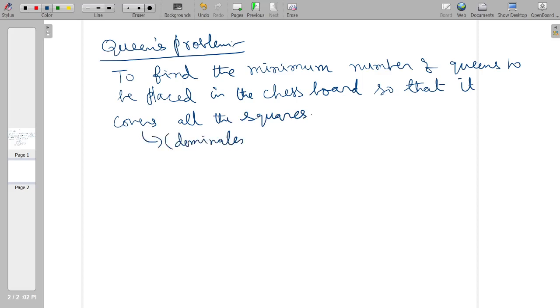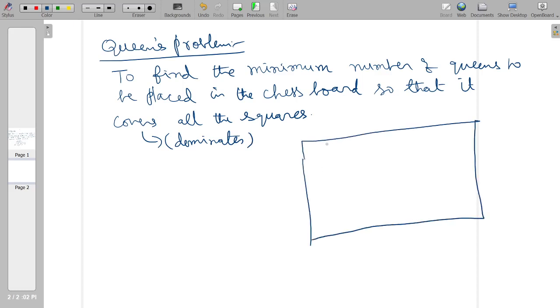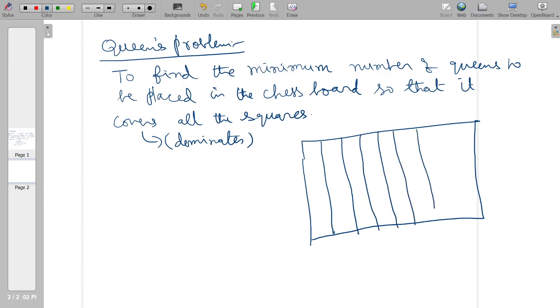Suppose I take an 8x8 chessboard, so I'll have 1, 2, 3, 4, 5, 6, 7, 8 columns. Similarly, I'll have 8 rows.